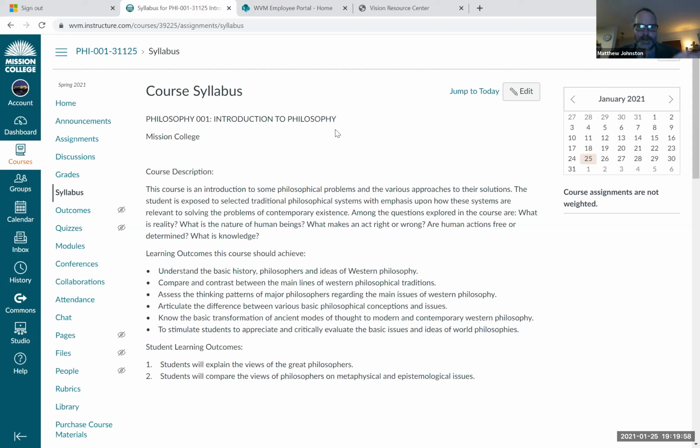When I read this is when I talk about the fact that this is a historical approach, that we're starting at 500 BC and we're working our way through chronologically. Again, just to reiterate that, to stimulate students to appreciate and critically evaluate the basic issues and ideas of Western philosophies. Student learning outcomes.